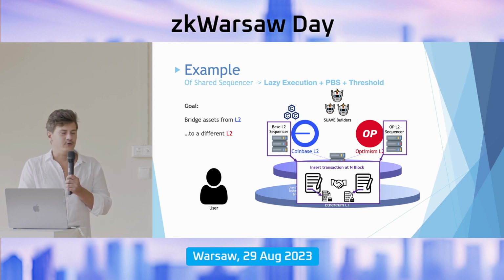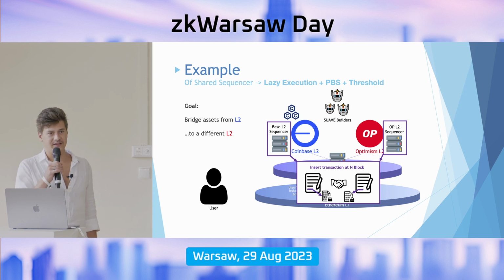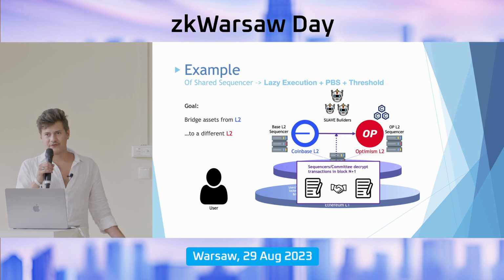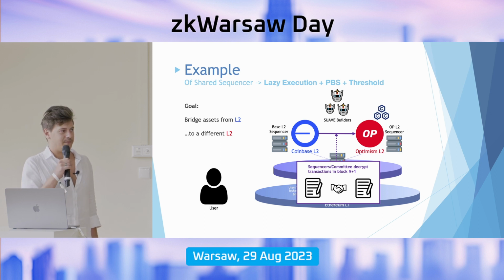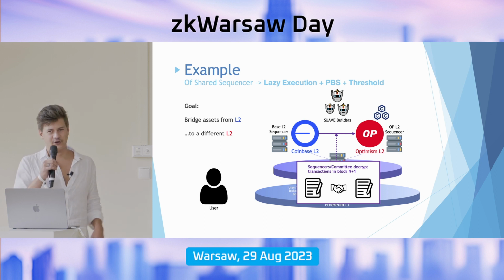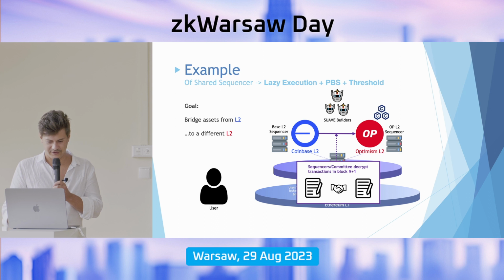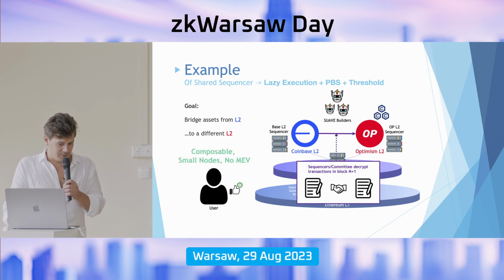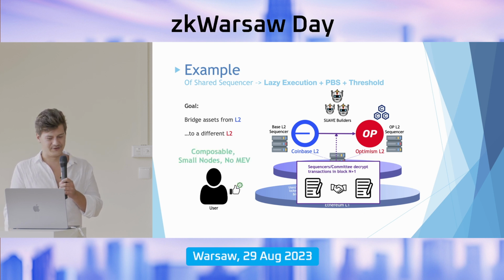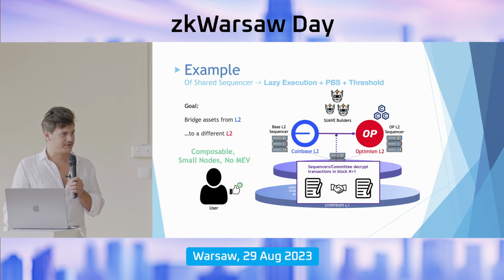In this way, you can't be front run or sandwiched because it's already included in the chain. You can still be back run, but that's actually a beneficial form of MEV. Front running and sandwiching, not good, regardless of what MEV people tell you. So now you have an L3, L2 design where you have atomic composability, small nodes, and no MEV, theoretically.